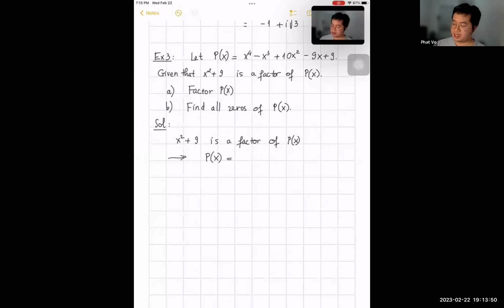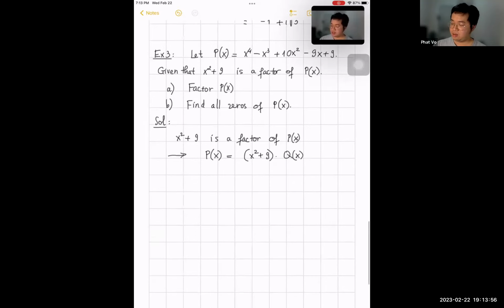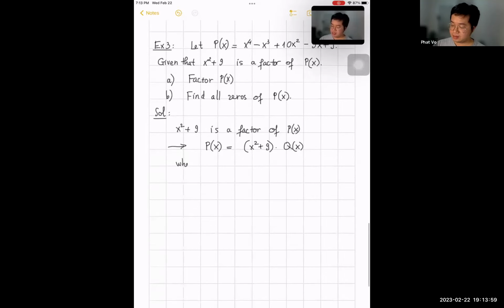P(x) can be written as x squared plus 9 times Q(x), where Q(x) here is a quotient, the quotient when we divide P(x) by this polynomial.